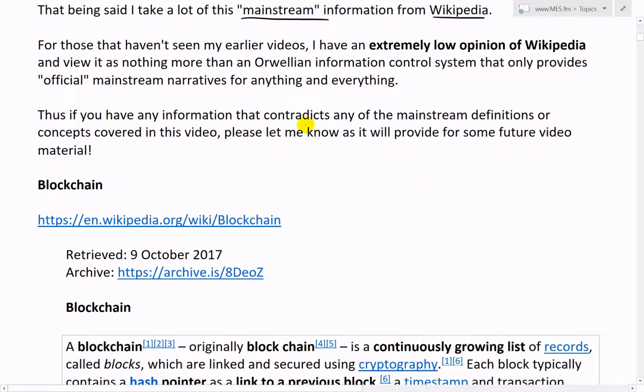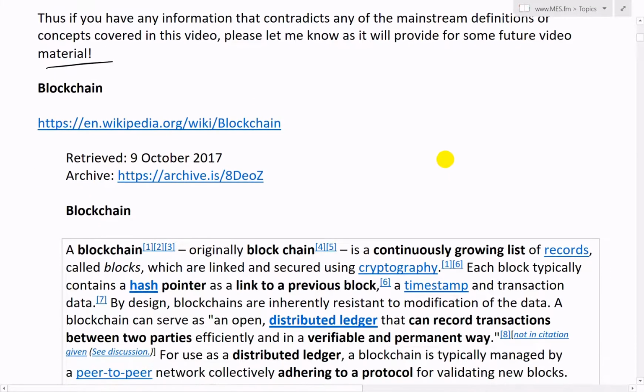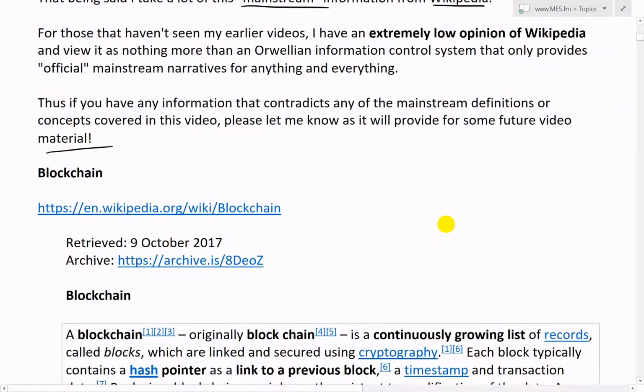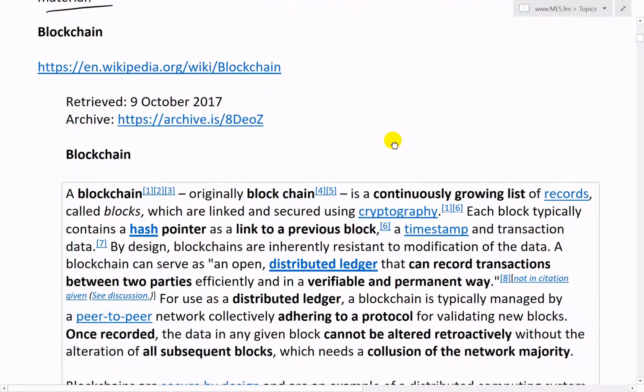Thus, if you have any information that contradicts any of the mainstream definitions or concepts covered in this video, please let me know, as it will provide some future video material. So this video is going to be pretty much a mainstream overview of blockchain. But if you know something that's not being told on Wikipedia or other mainstream sources, let me know. So let's just jump right in.